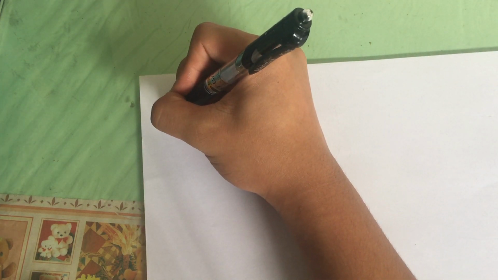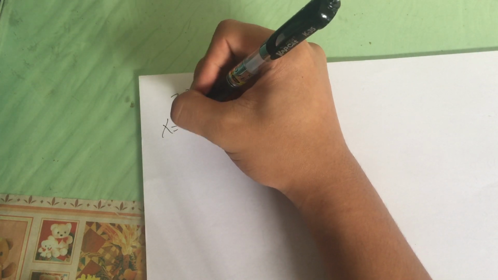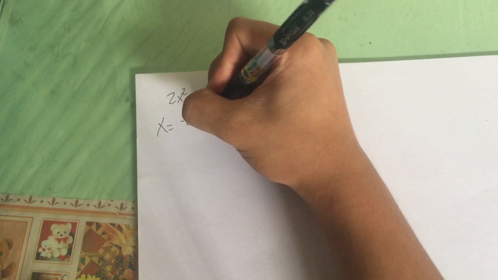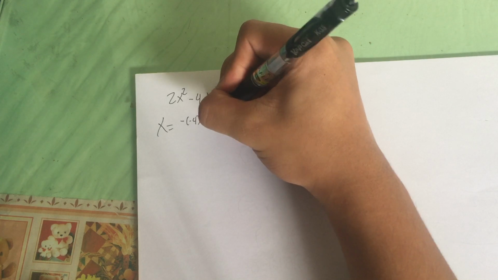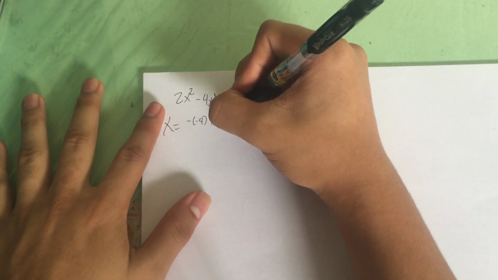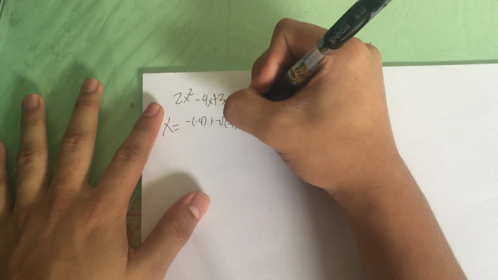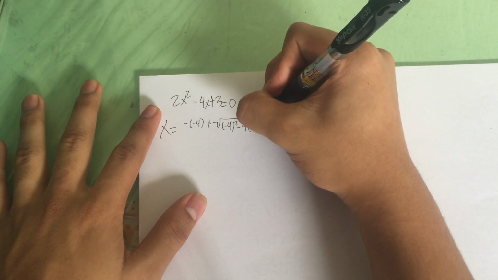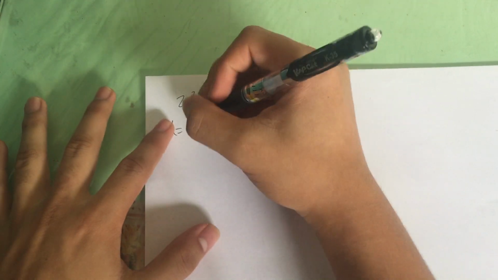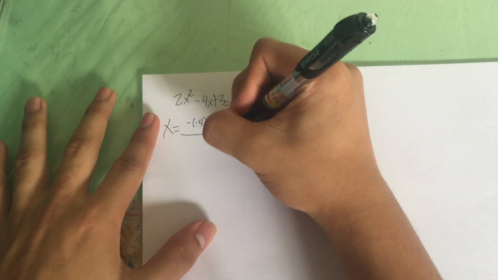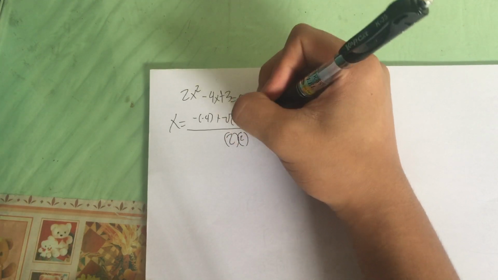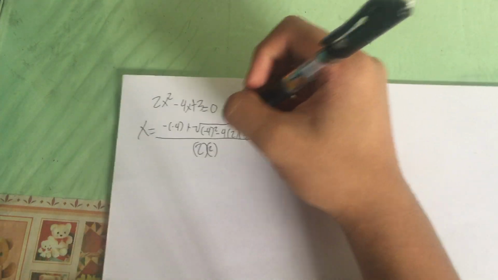So then let's start. x equals negative negative 4 plus or minus the square root of negative 4 squared minus 4 times 2 times 3, over 2 times 2.